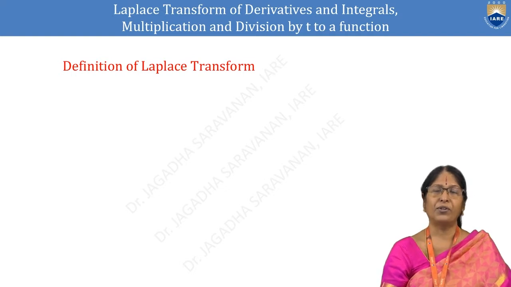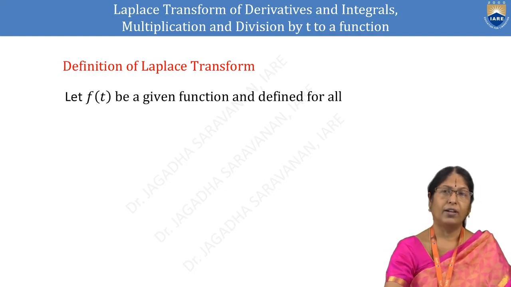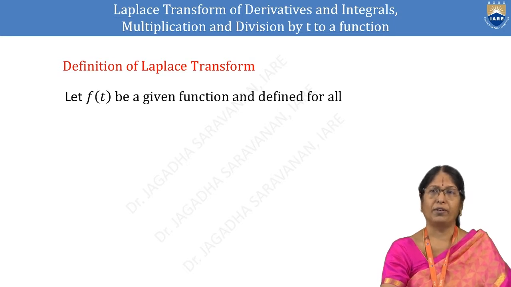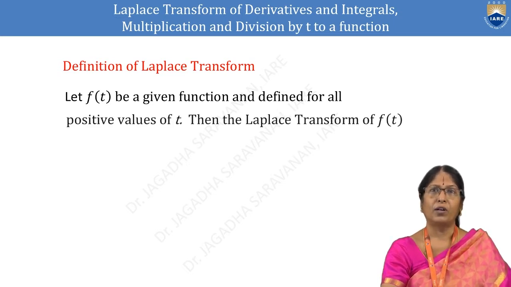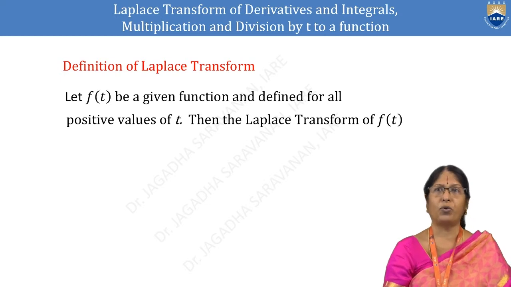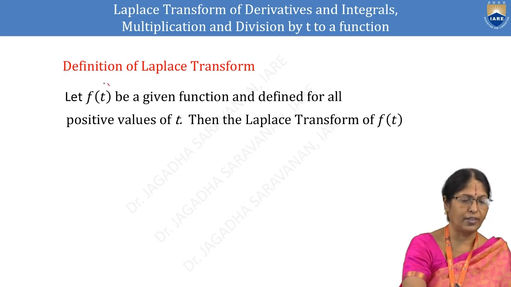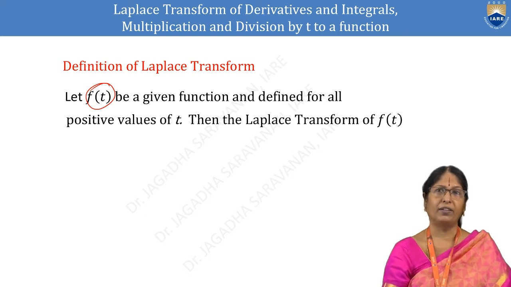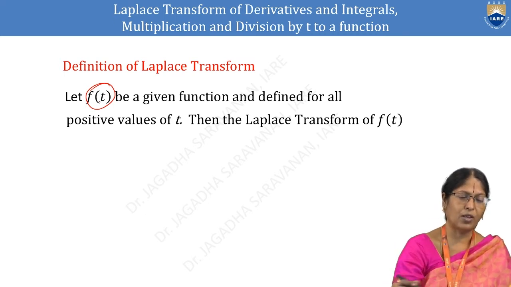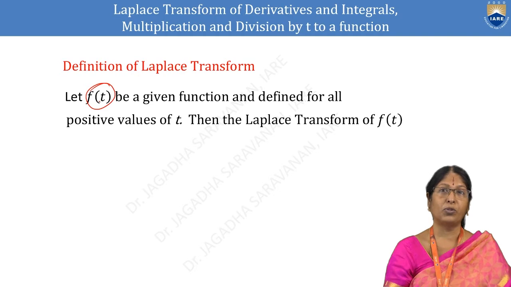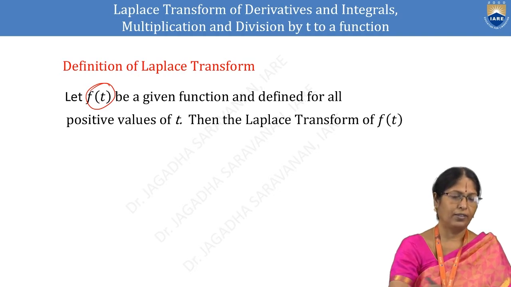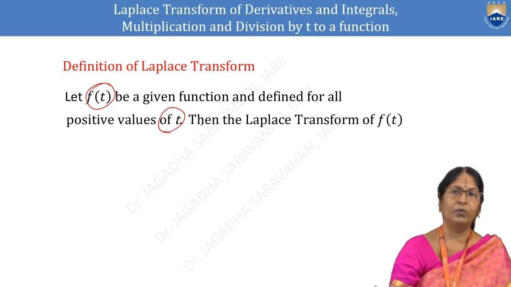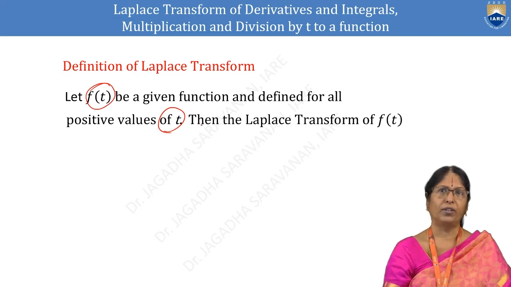First, the definition of Laplace transform. Let f of t be a function defined for all positive values of t. Here the function f of t has the variable t, taking positive values.